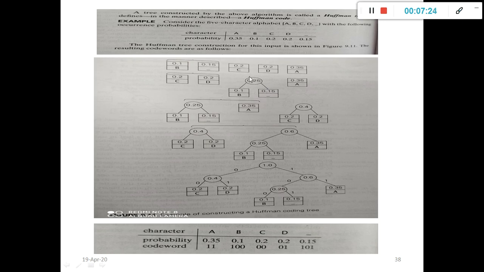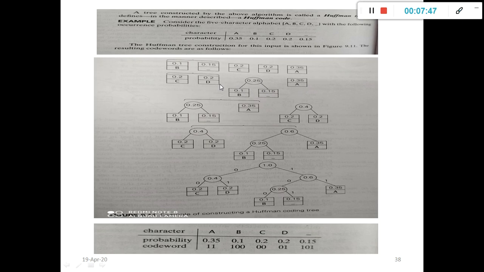Then again reorder all the remaining characters with the new subtree in ascending order. The probability for C is 0.2, probability of D is 0.2, then the probability of this newly generated tree is 0.25 and the probability of A is 0.35.